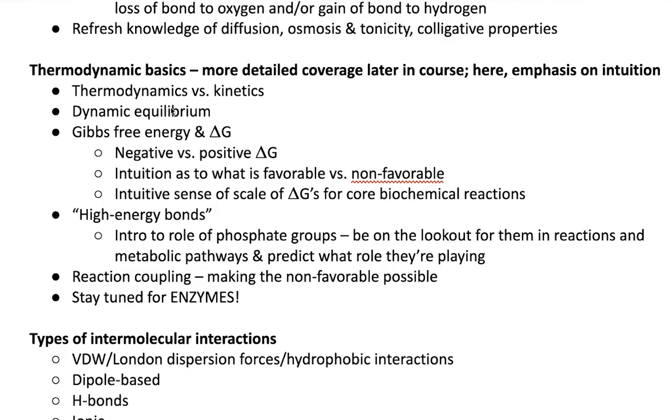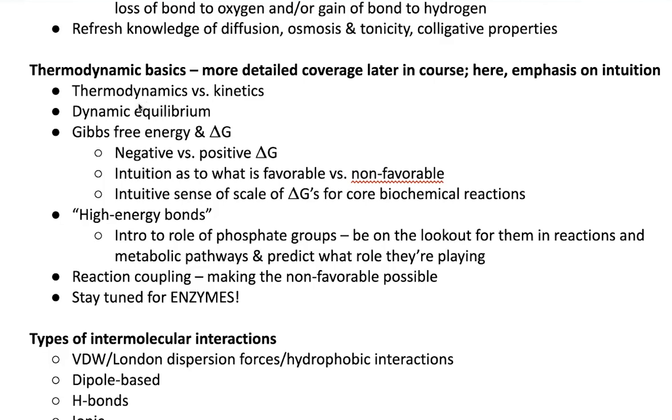A really important concept in biochemistry is the idea of dynamic equilibrium. You don't have a static equilibrium where things on both sides are exactly the same all the time, with molecules not going back and forth between the different versions.